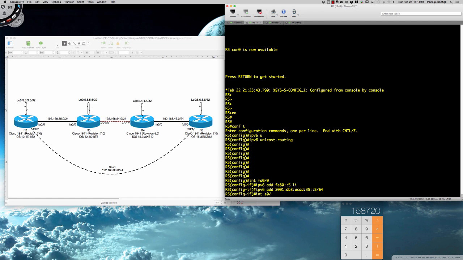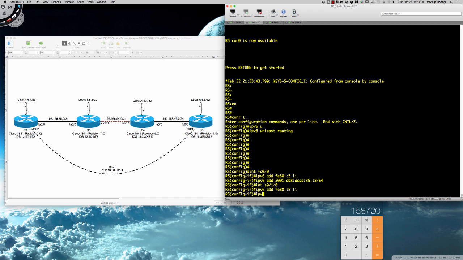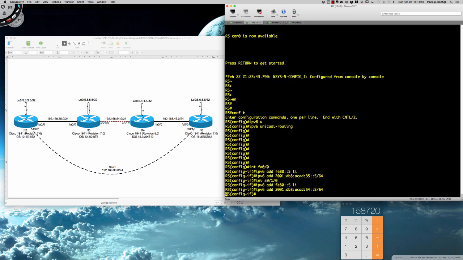And let's go into serial 0/1/0, and say IPv6 address FE80::5 link local. IPv6 address 2001:DB8:ACAD:54::5 with a prefix length of /64.